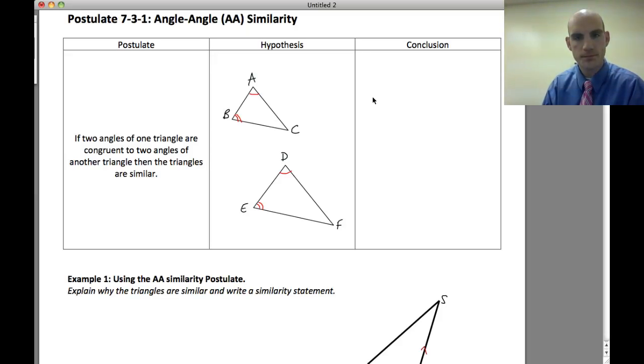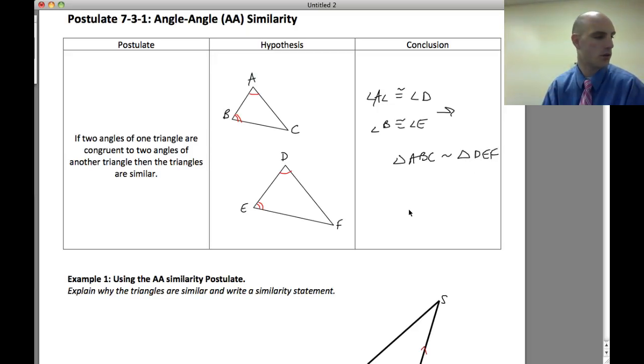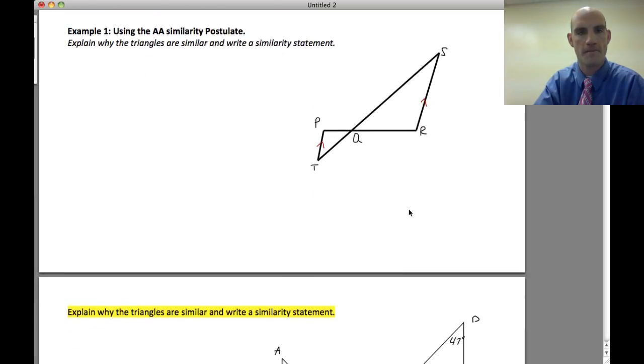Because angle A is congruent to angle D, and angle B is congruent to angle E, the conclusion that we can make is that triangle ABC is similar to triangle DEF. What we're saying here is that all you need is two angles. You have two angles, you can prove that the triangles are similar. Let's look at example 1 that goes along with that.